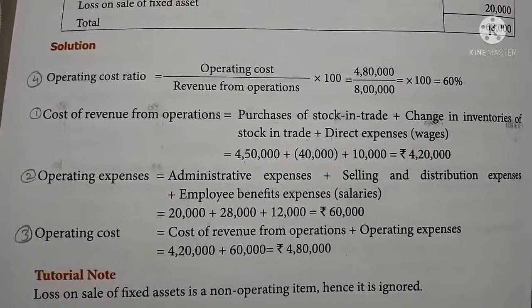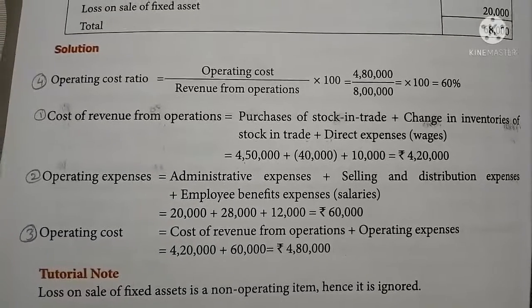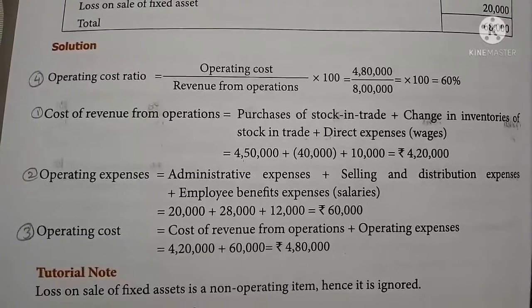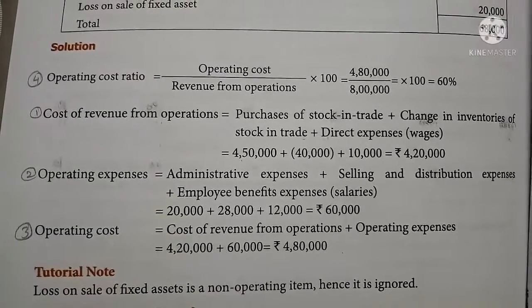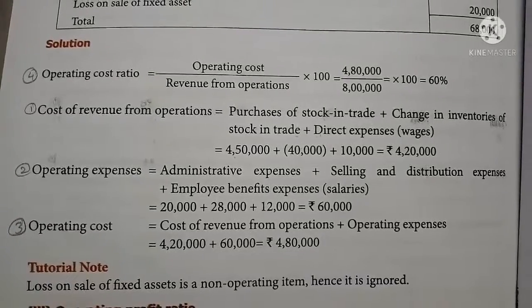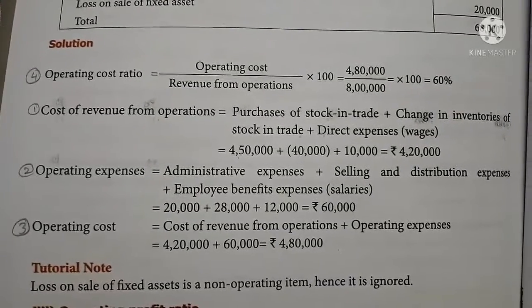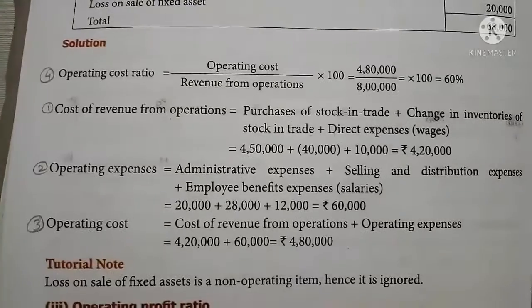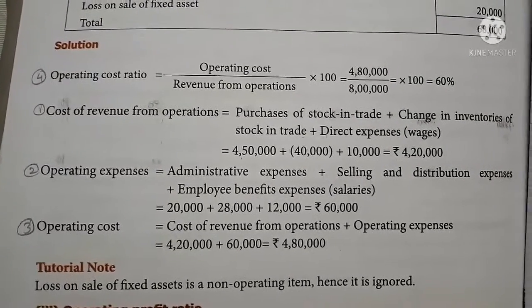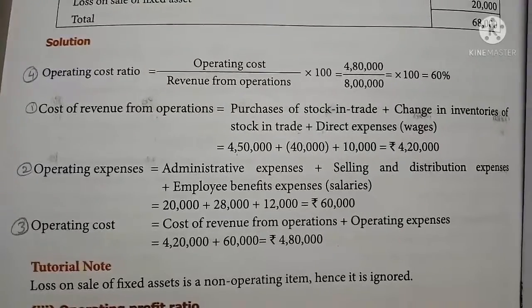While calculating the ratio of any type, first remember the formula, then find out the work note, what information we need. We should find out first from the given information in the problem, and then apply the formula, substitute the values, and simplify it. We can easily arrive at the answers.